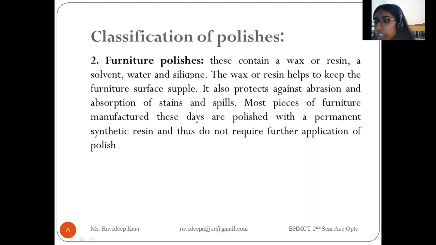The wax or resin helps to keep the furniture surface supple. So the wax and the resin help your furniture to stay supple. It also protects against abrasion and absorption of stains and spills.